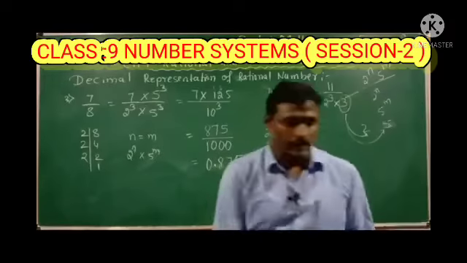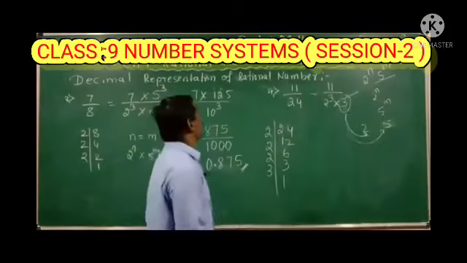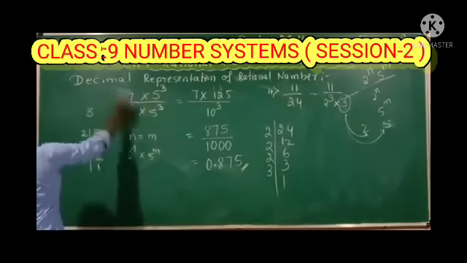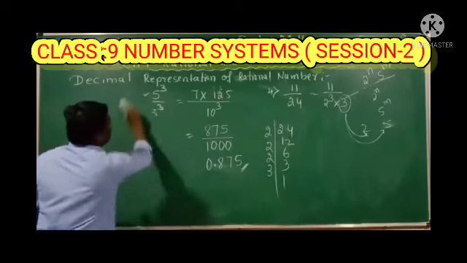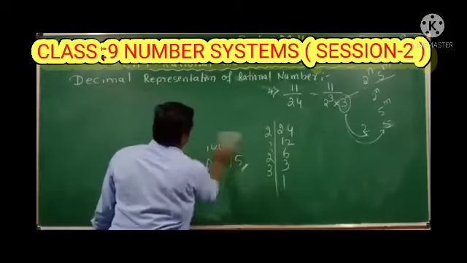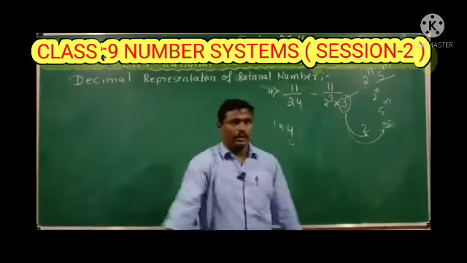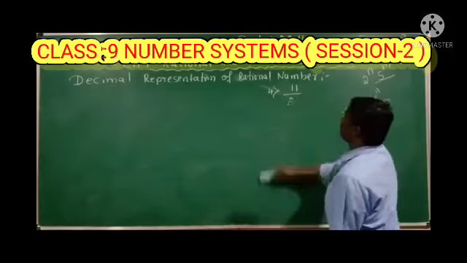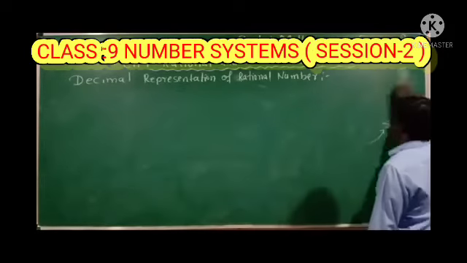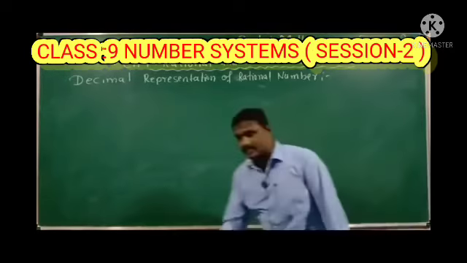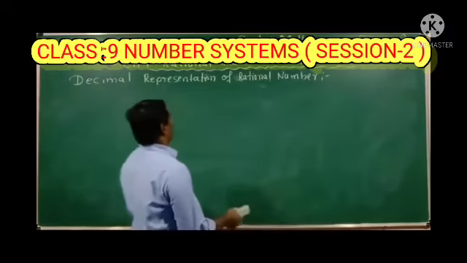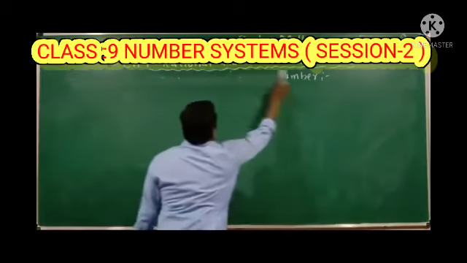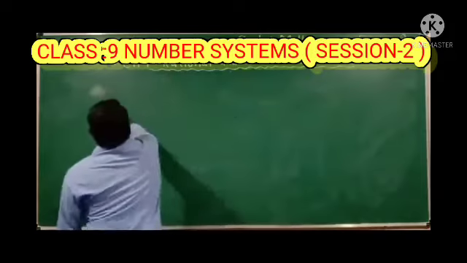Okay, next we come to the next concept, that is non-terminating. Now we are getting some ideas about terminating and non-terminating. Terminating means we are getting the exact value of the rational number.